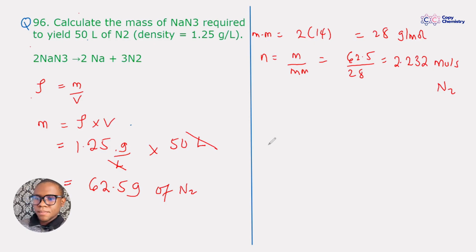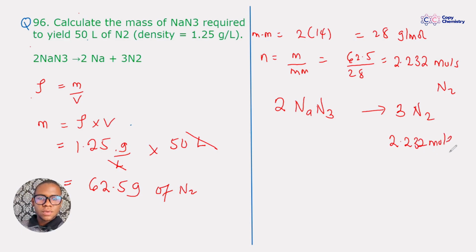Right, so proportion tells us that 2 moles of NaN3 produces 3 moles of N2. So that would mean that if I have 2.232 moles of N2, I can tell that it should give me 2.232 times 2 divided by 3 moles of NaN3.